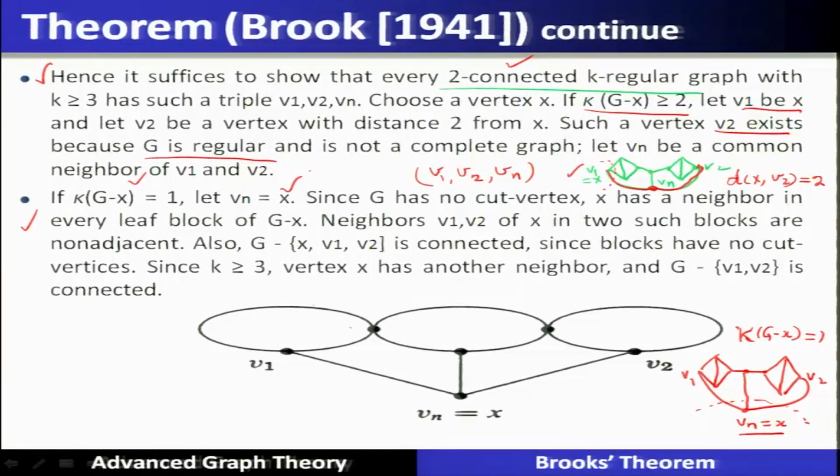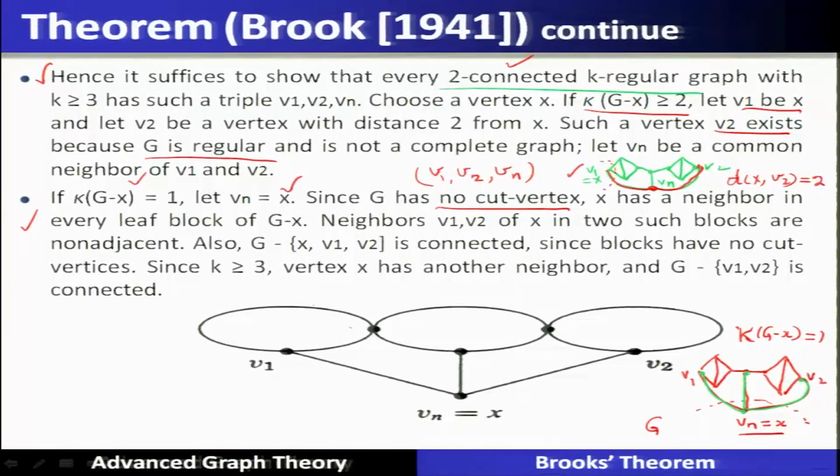This is another case. Now, since this particular graph G has no cut vertex, x has a neighbor in every leaf block of G minus x. Meaning to say that x has a neighbor in every leaf block.